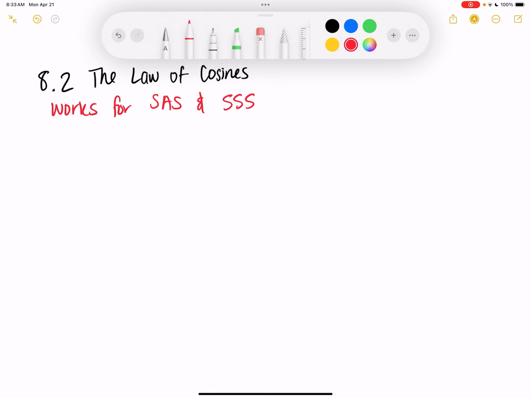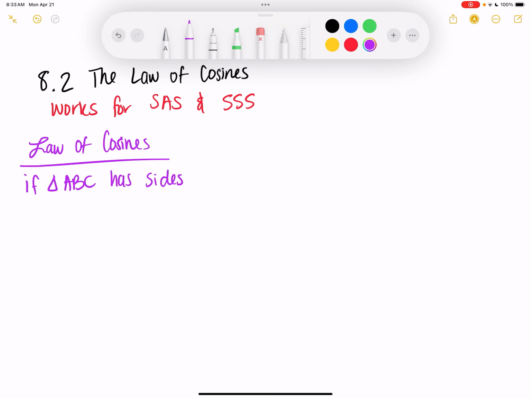So the law of cosines: if triangle ABC has sides of length A, B, and C, then, and I'm just going to draw a triangle over here really quick.